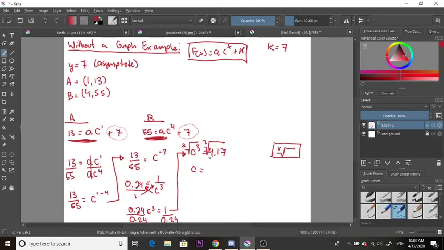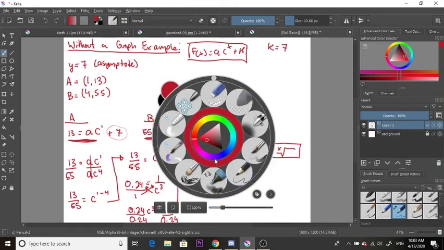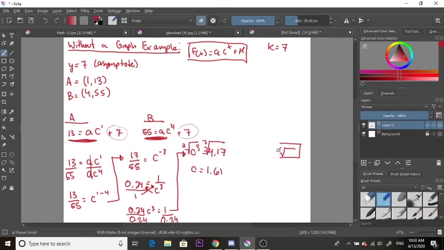So 4.17 inside that root. So my c is going to be 1.61. So now we have found our c.